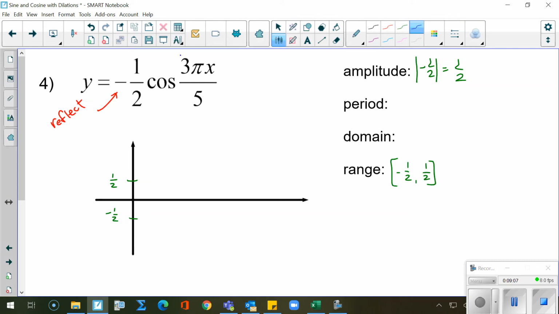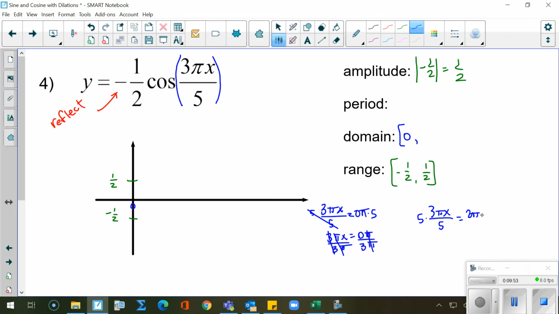On the x-axis, we will set the argument equal to 0 pi and 2 pi. Multiply by 5. Divide by 3 pi. The pi cancels out, and 0 divided by 3 is 0. Not 0 pi, but 0.